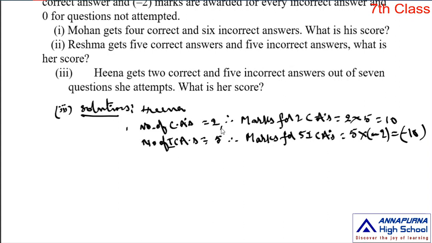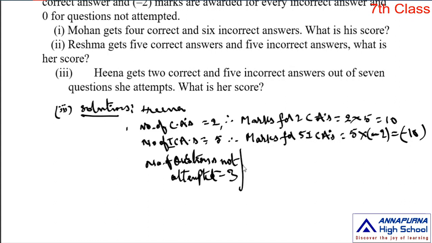So here, how many questions did she attempt? 2 plus 5, 7. What about the other 3? She didn't attempt them. Therefore, number of questions not attempted is equal to 3.